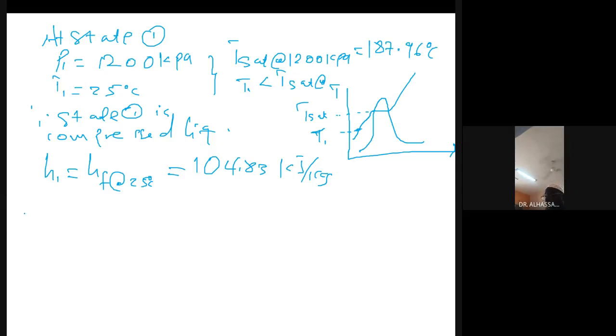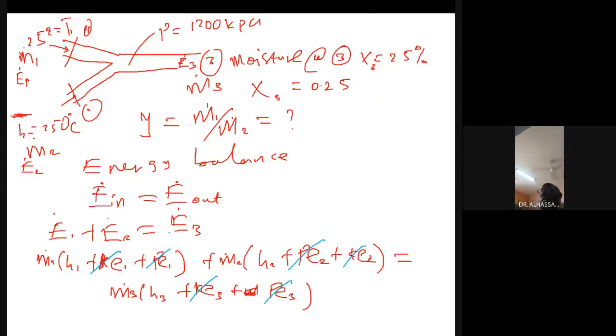Now we need to move on to state 2. At state 2, what do we have? The properties. P2 equals 1,200. Be careful over here. The operating pressure is the same.